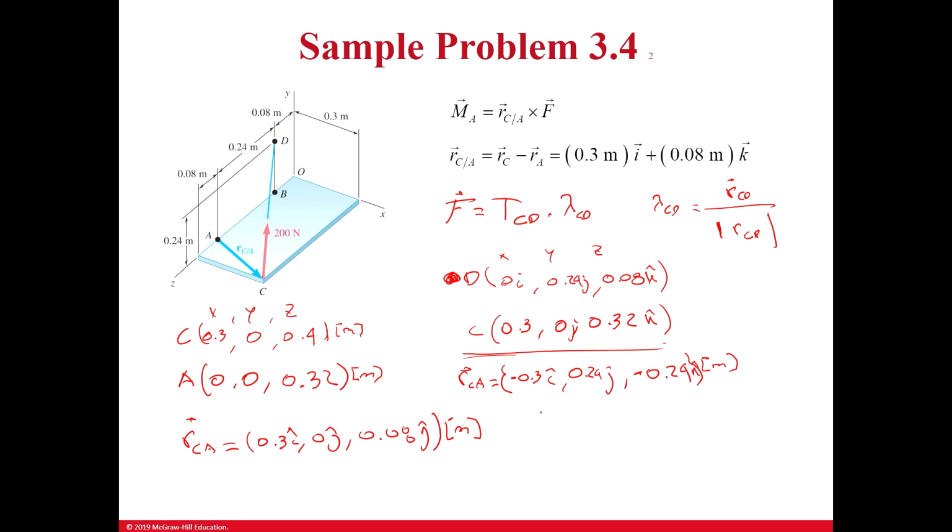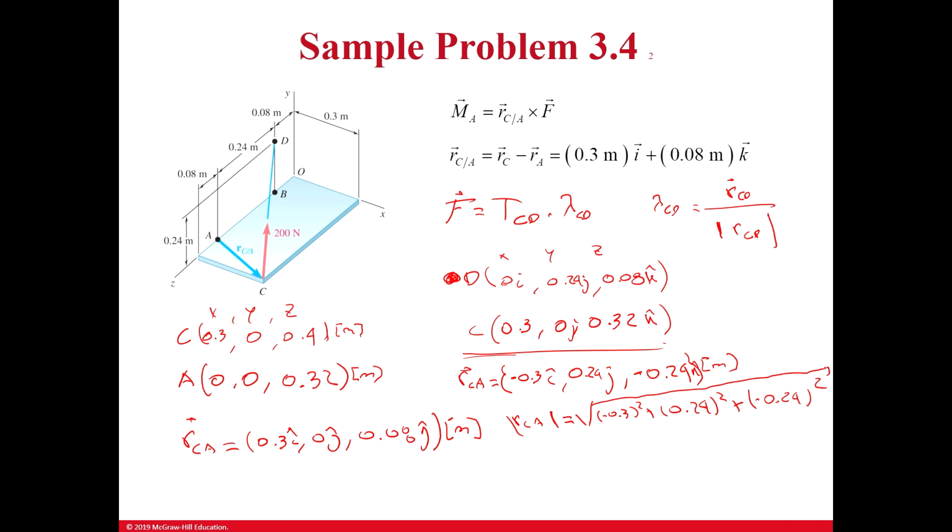All right, so what we have to do now is find our CD magnitude, which is the square root of negative 0.3 squared plus 0.24 squared plus negative 0.24 squared. I'm using my calculator, but you can use Wolfram Alpha.